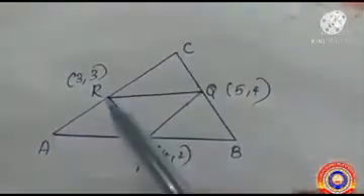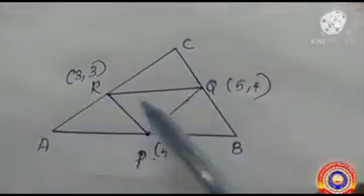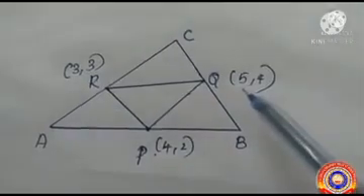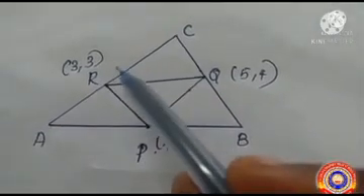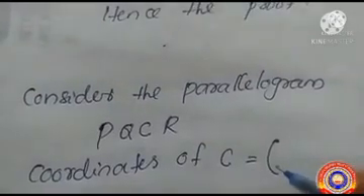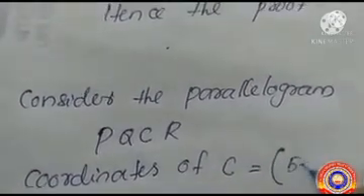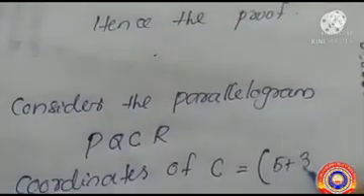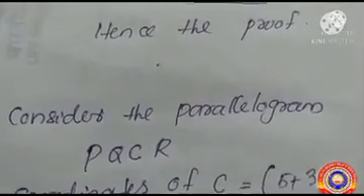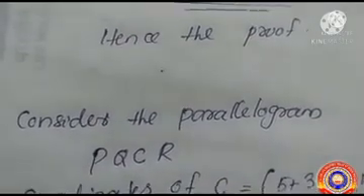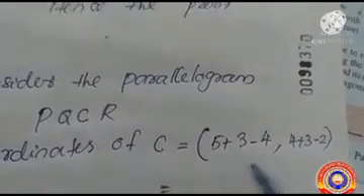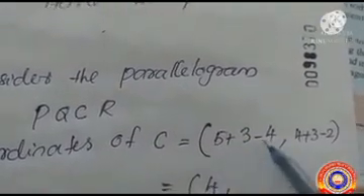Next we have to consider the parallelogram PQCR. From this we have to find the coordinates of C by using the coordinates of P, Q, R. So the coordinates of C is equal to (5 + 3 - 4), (4 + 3 - 2), and it is equal to (4, 5).